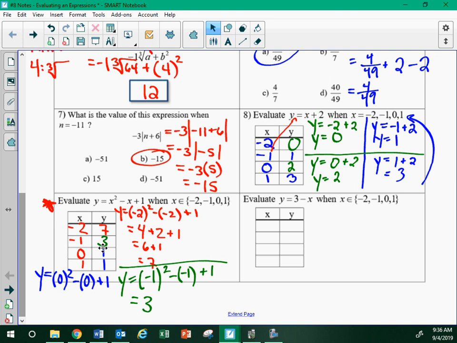Make sure you return the calculators. Once you put your calculator in either box, then erase your name.